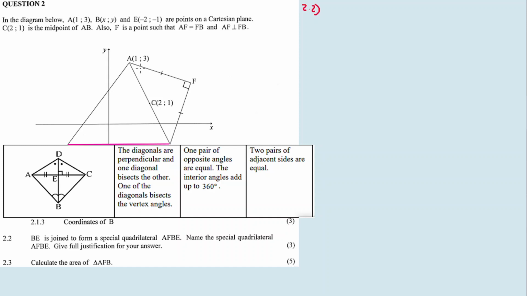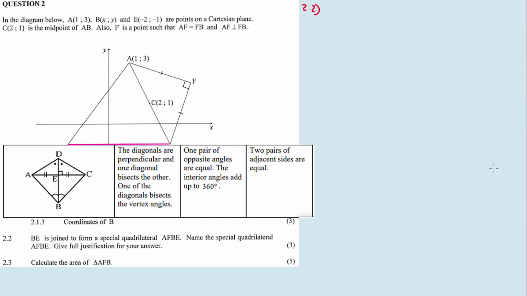This is equal to this. Adjacent sides: this side is equal to this side, as well as this side is equal to this side. So we must prove that this one is equal to this one. They already showed us that this is equal to this, so we must show that this length is also equal to this length. After we prove that these two lengths are equal, then we have proved that this is a kite.